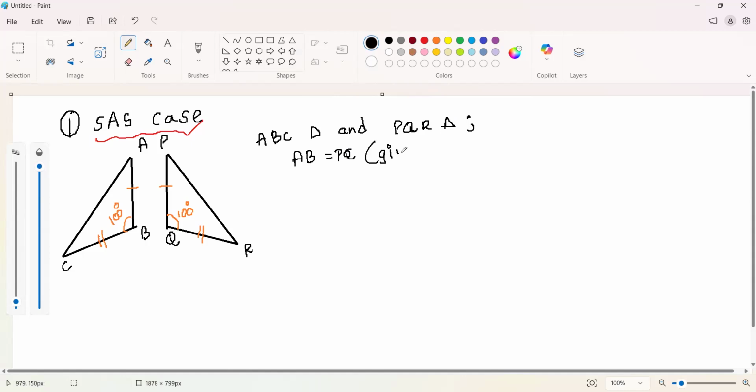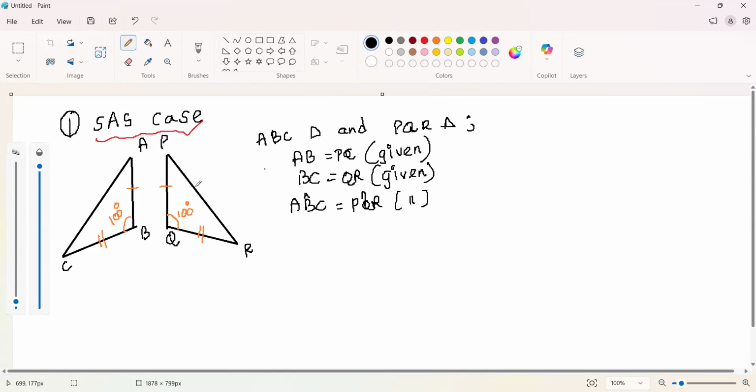And BC side is equal to QR side. It's also given. And the other one, the 100 degrees: ABC angle is equal to PQR angle. It's also given.